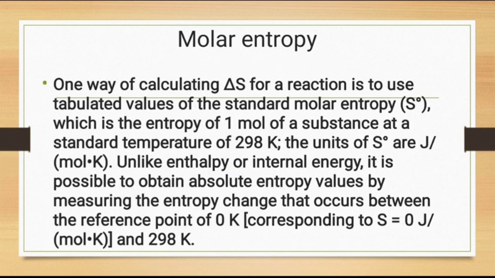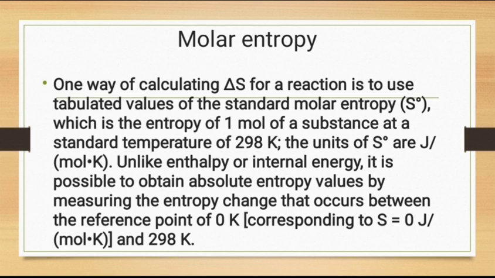And now the next definition is the molar entropy. So, one way of calculating the change in entropy delta S for a reaction is to use tabulated values of the standard molar entropy S0, which is the entropy of 1 mole of a substance at a standard temperature of 298 Kelvin.